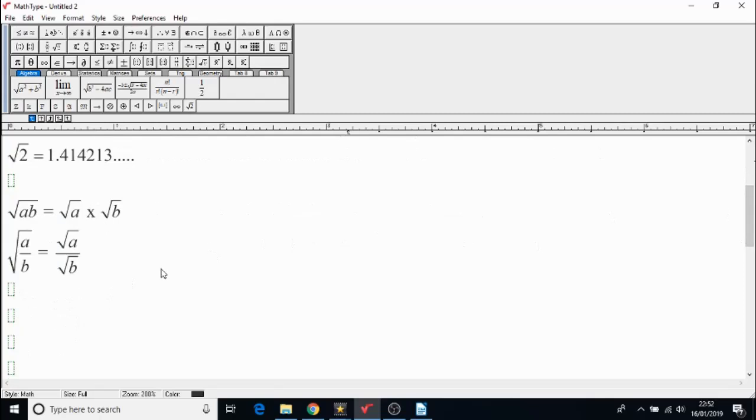The second rule: the square root of A over B is the same as the square root of A over the square root of B. These rules will prove useful as we encounter a few questions relating to surds.